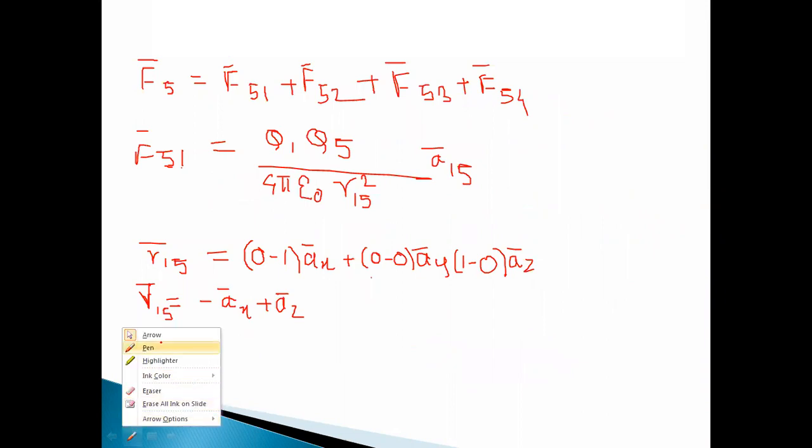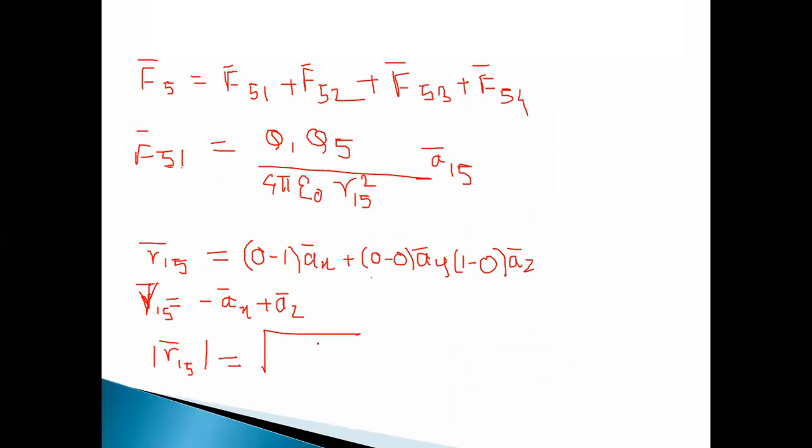Okay. Now, from this R bar 15, you have to first find mod of R bar 15, which is equal to square root of minus 1 square plus 1 square, which is equal to root 2. Then you can find unit vector A bar 15, which is that vector divided by its magnitude.